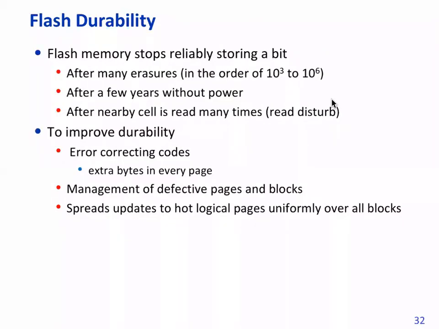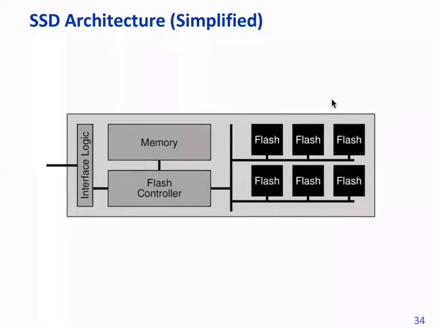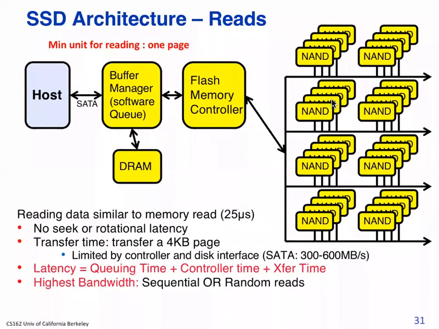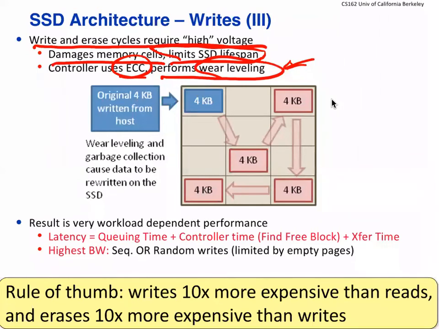What happens is that one restriction with flash is that the number of erase and write cycles that can be done is limited. Usually 1000 to 10,000 or something like that. This number may be changing.